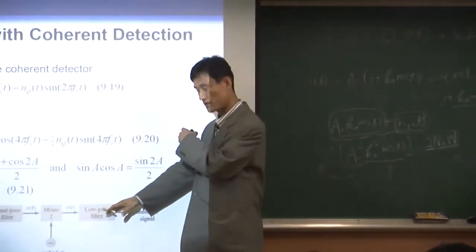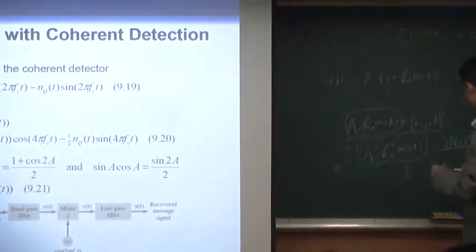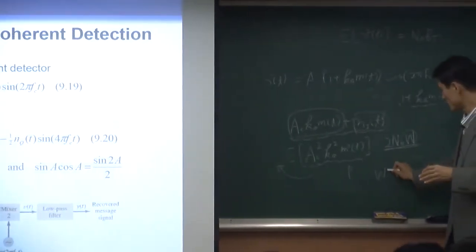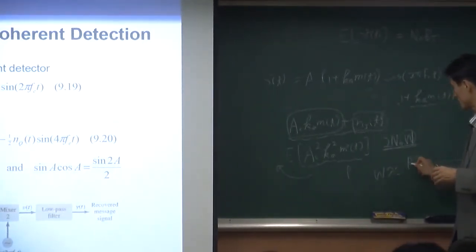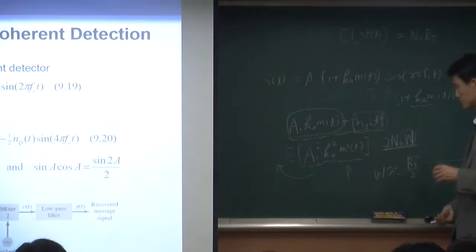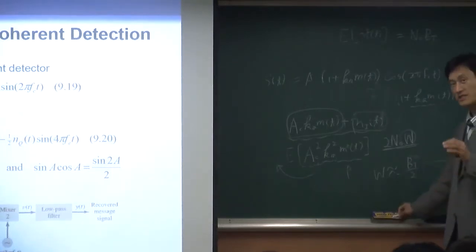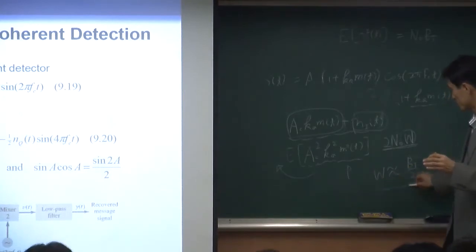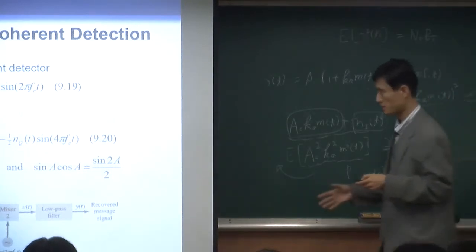Okay, that's the filter. And typically, if you design a filter very well, this W is almost the same as BT over 2. If you correctly design it, this is going to be the bandwidth, typically.